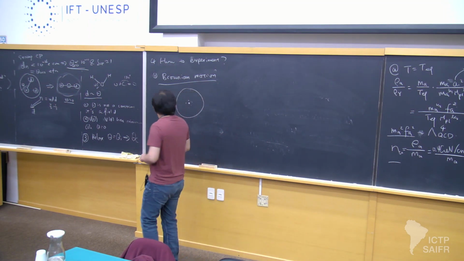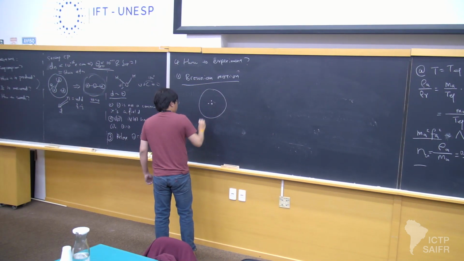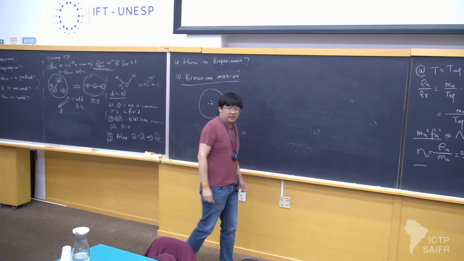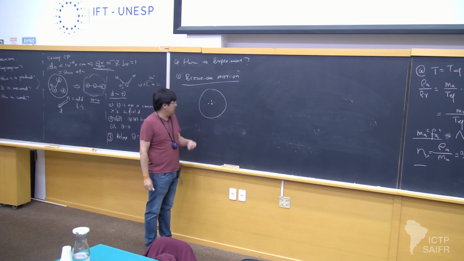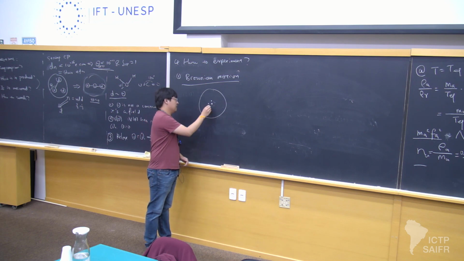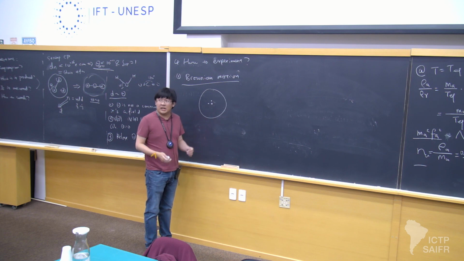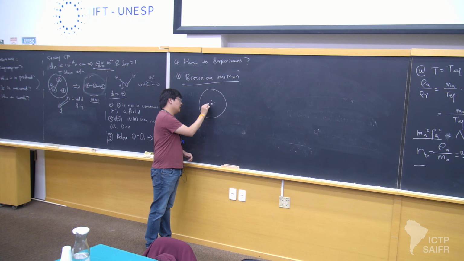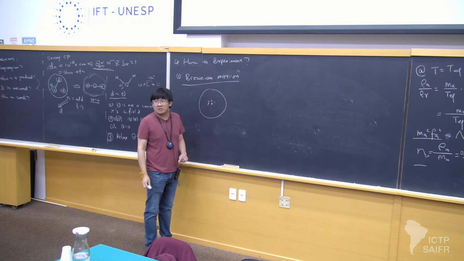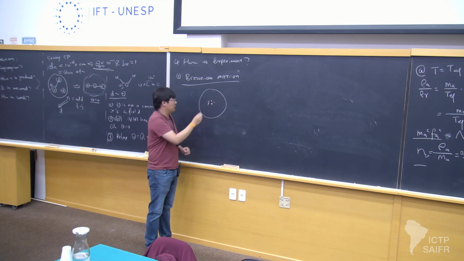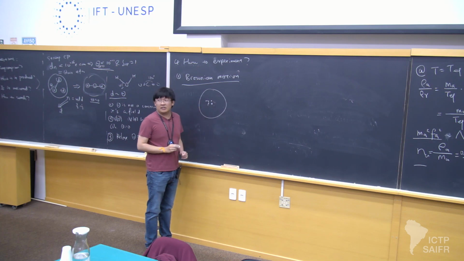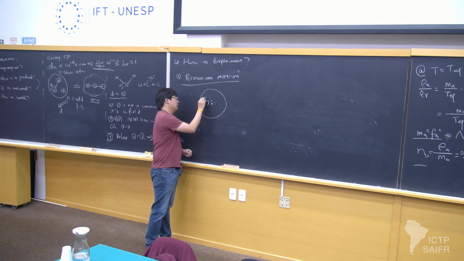The fluid is made of water molecules, and these molecules are moving around, having their own thermal motion. They will hit the pollen, push it a little bit, give it a little bit of momentum, so the pollen moves a little. The pollen is hit by another water molecule, goes here, right?